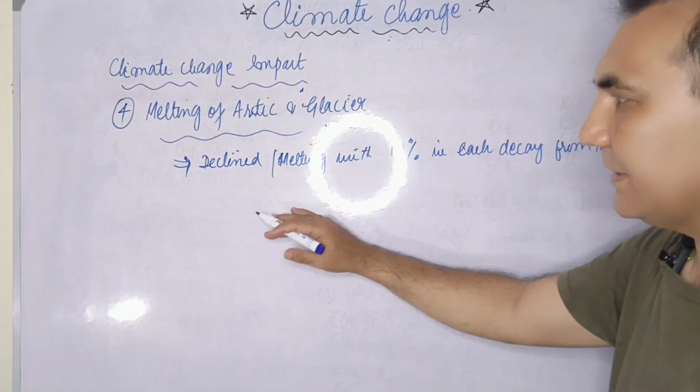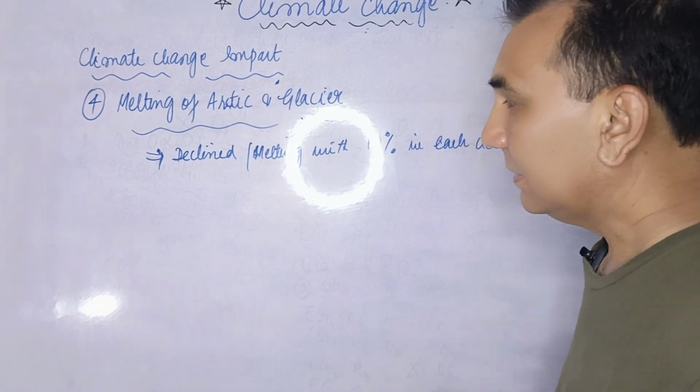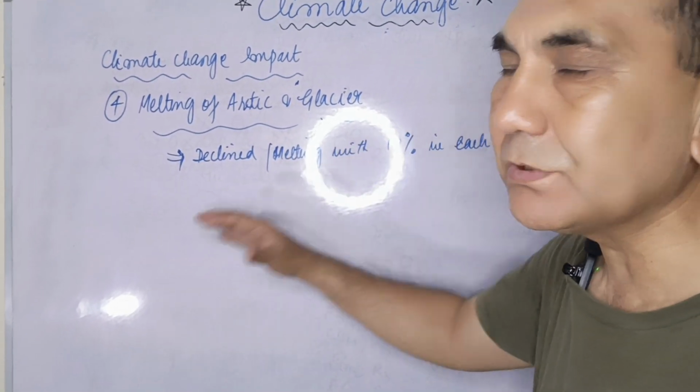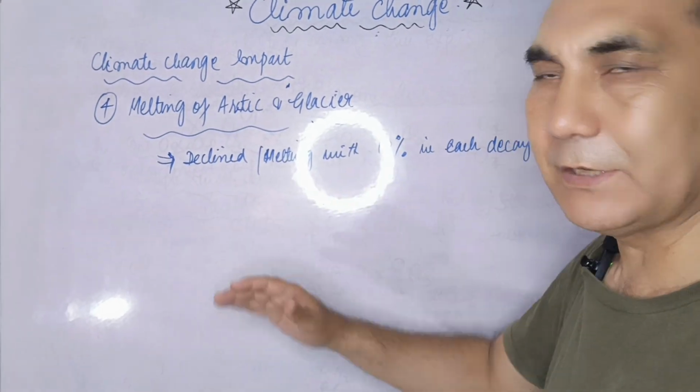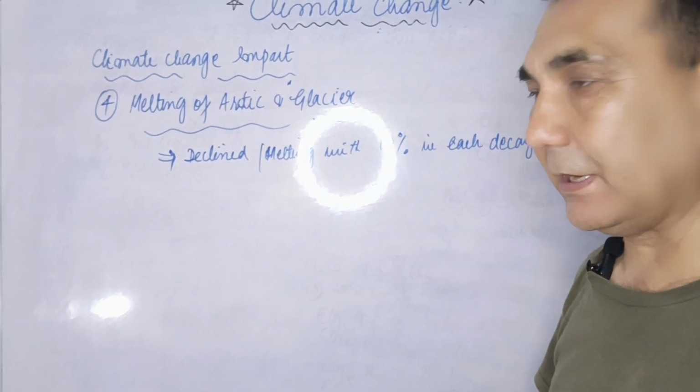The meteorologists and the scientists say that the glaciers of the Antarctica subcontinent are continuously declining or melting. They are melting at 13% per decade.